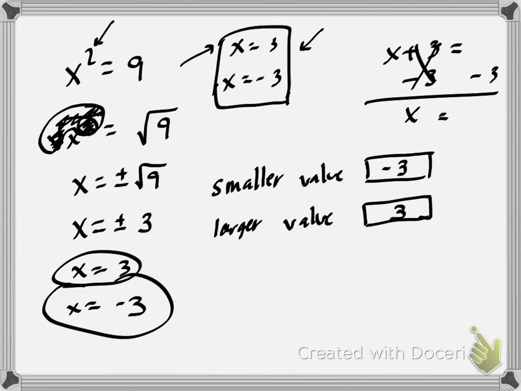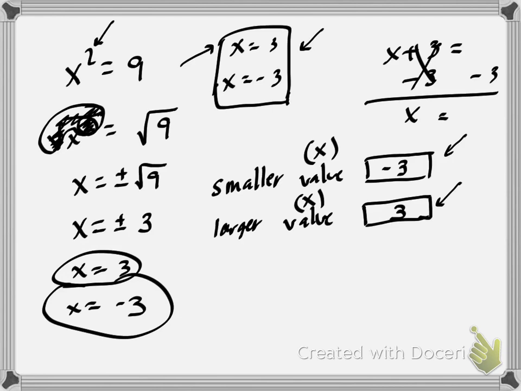In all of the problems we do during this week, they ask for those two different things. They ask for the smaller value to be put first and the larger value to be put second. It might even be smaller x and larger x.